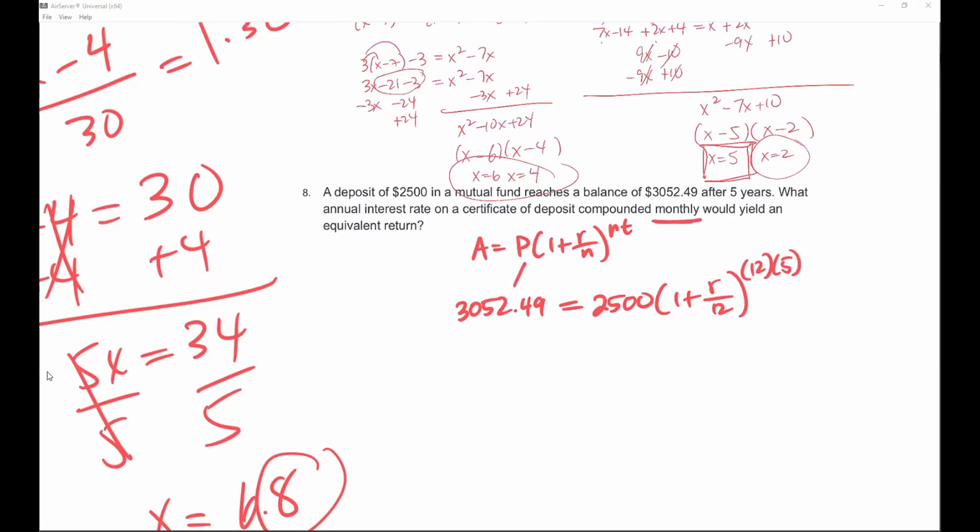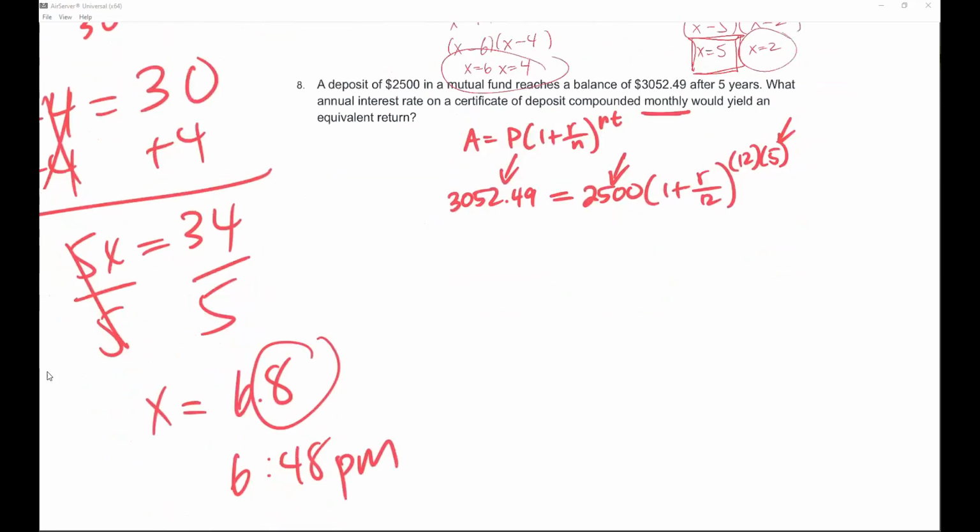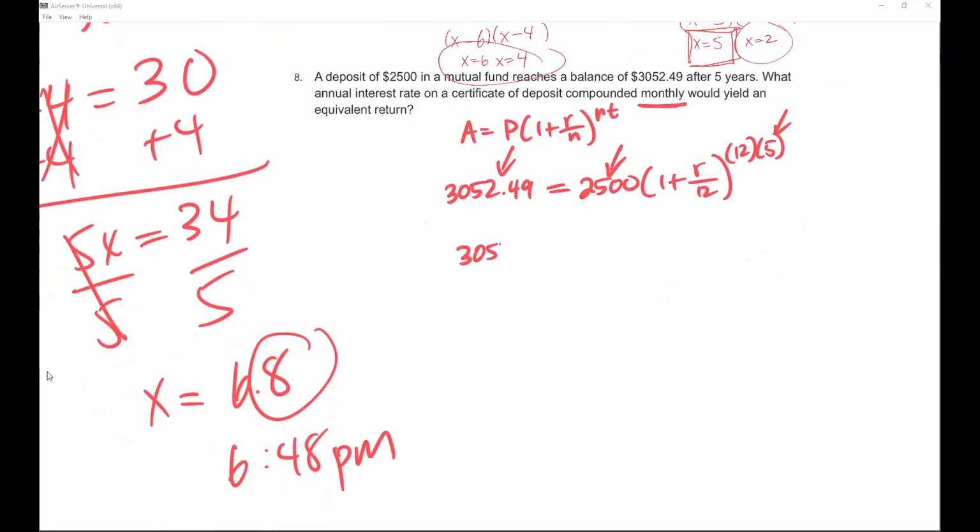This is the final amount that I want. This is what I start off with. And this is the time, the number of years that I have to invest. So if I put this together, it's 3052.49. And I have to divide this by 2500 on both sides.